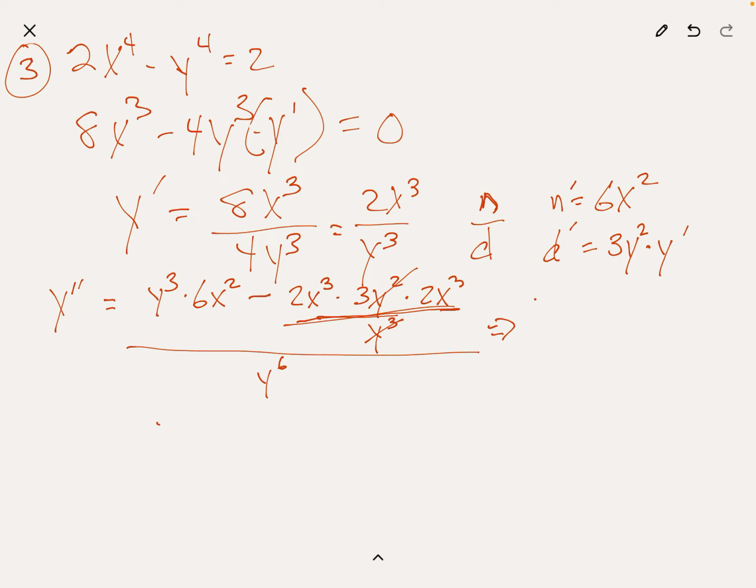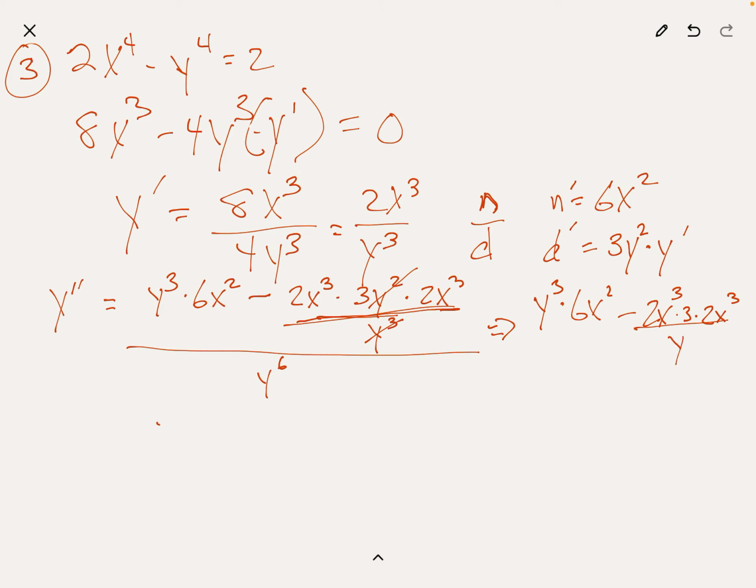We get y cubed times 6x squared minus 2x cubed times 3 times 2x cubed again, all over y.